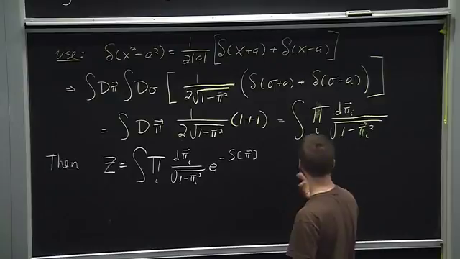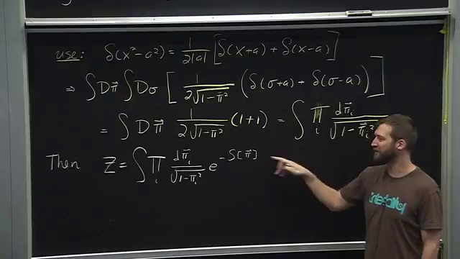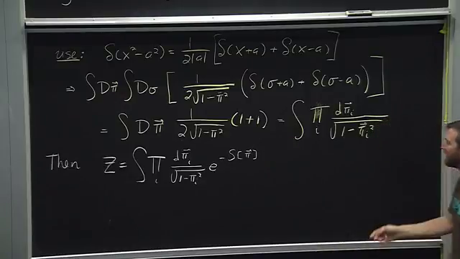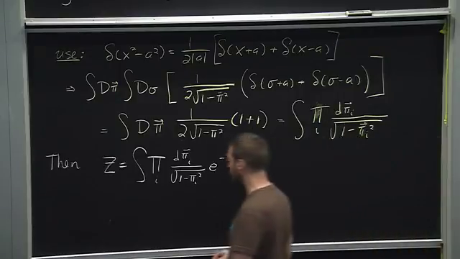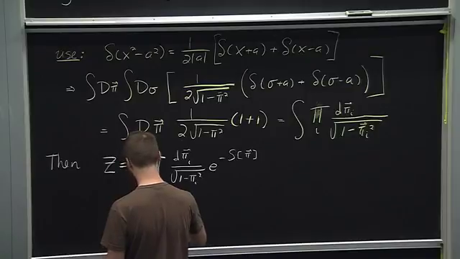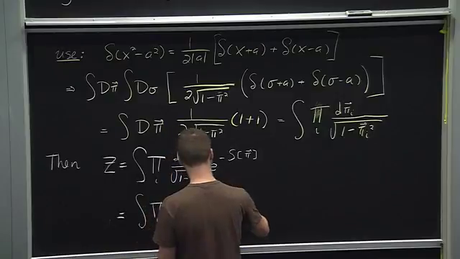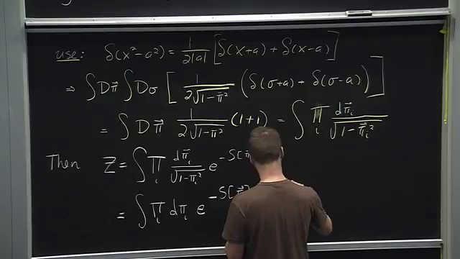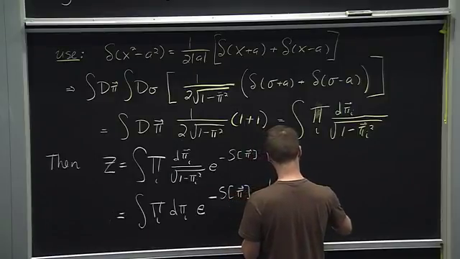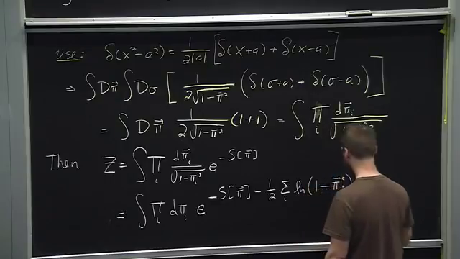And what I want to do is bring this square root up into the exponential, and that'll just give me an extra piece that redefines my action. So it'll have some log root of this thing, and you have to be careful with the product. So there's my original S. Log of this thing, and it's a square root, so there's a 1/2 in front of it. Pi i squared. Something like that.